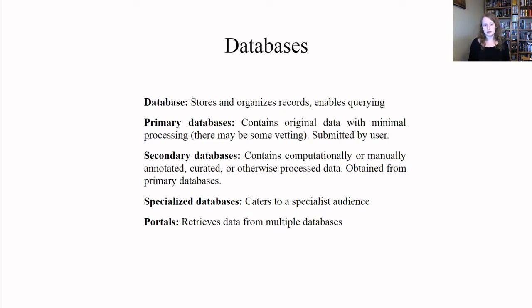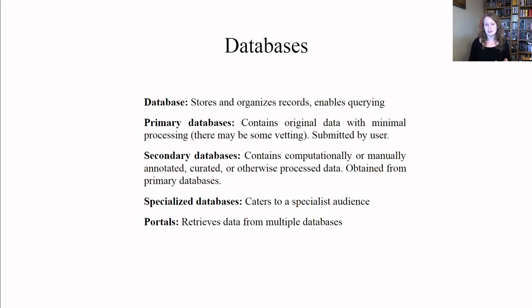There are a few different types of databases. Loosely, we can say that there are the primary databases, where the data is submitted by users and there's typically very little processing being done apart from what the user had done before submitting. Then there are the secondary databases, which are secondary in the sense that they are using data from primary databases, but something additional has been done to them.